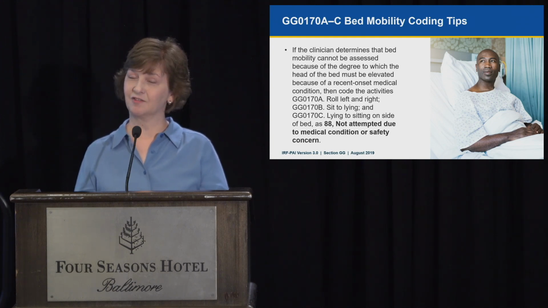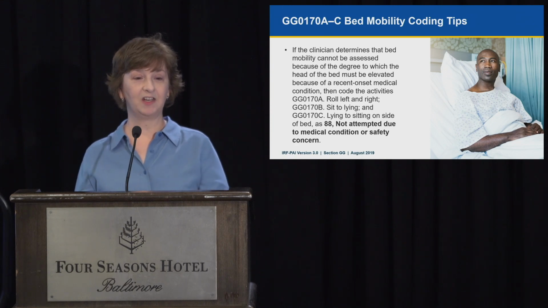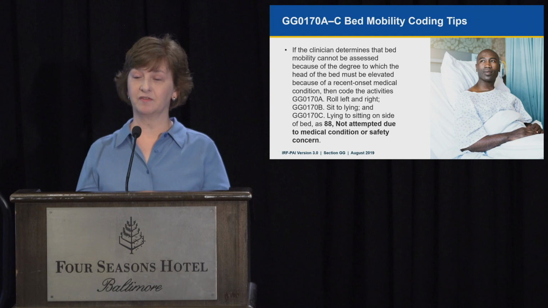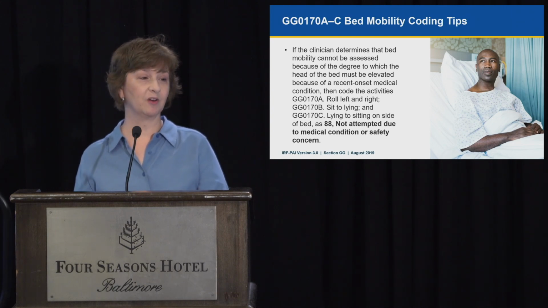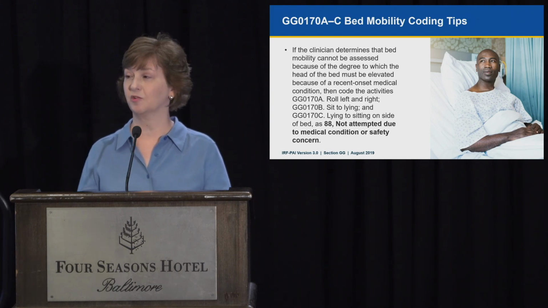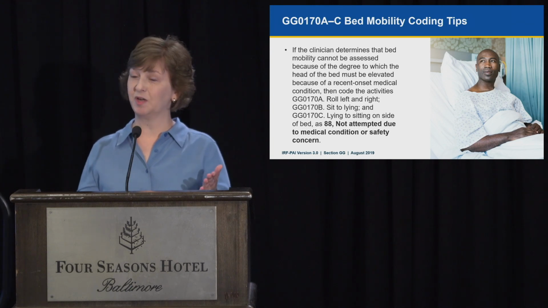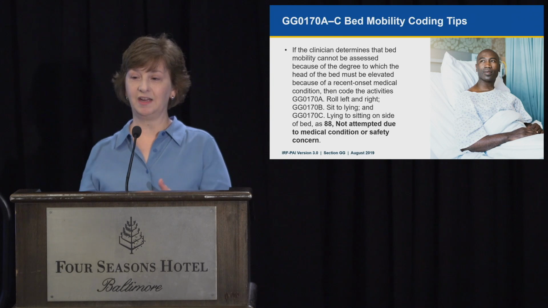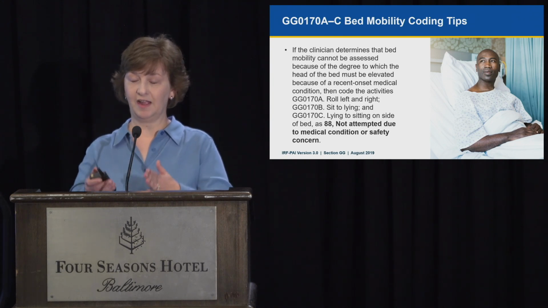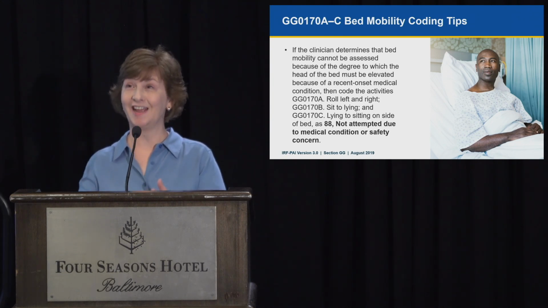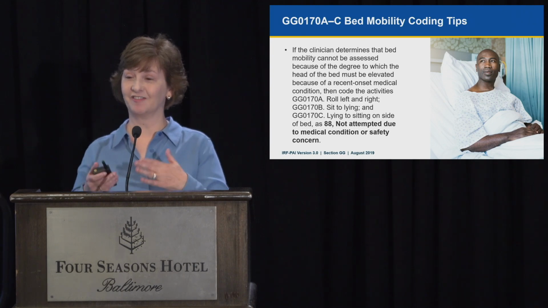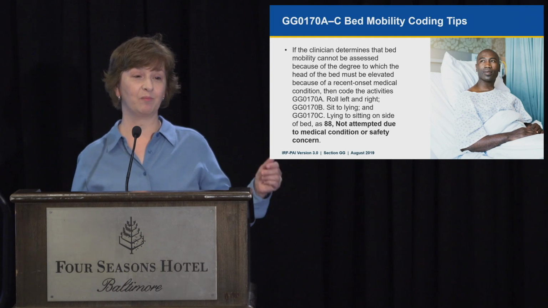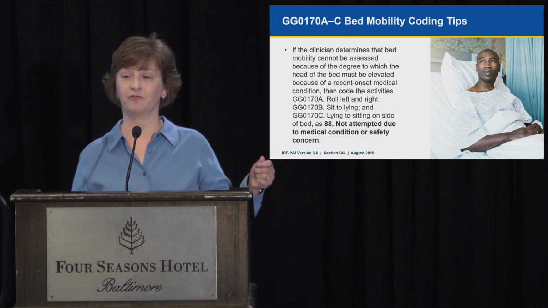So Code 9, just as a reminder, means the activity did not occur at the time of the assessment, and the patient was not able to do that activity prior to the current illness, exacerbation, or injury. So the difference between Code 88 and 09 is that for Code 88, the activity didn't occur at the time of assessment, admission or discharge, but the person did do that activity prior to the current illness, exacerbation, or injury.